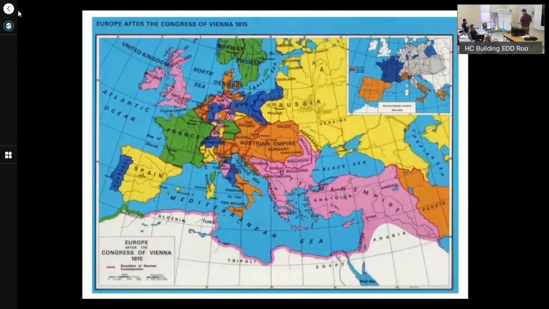So what's the conflict we're going to start running into? Well, as we move forward in the next few decades, spoiler alert, all these Italian people are going to say, we want our own country. Why should Italy be a fragmented hodgepodge of little nations? How about we unify all the Italians into one country? And that's going to throw off this balance of power, isn't it? Because a unified Italy could be a powerful state.